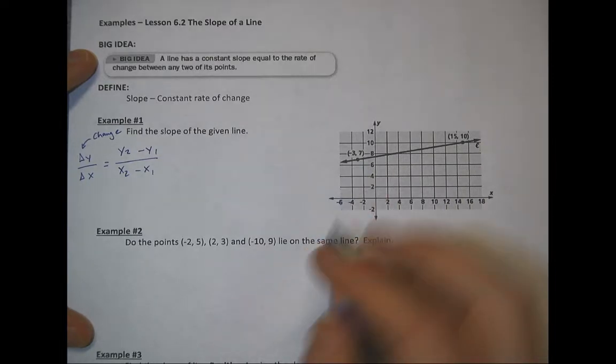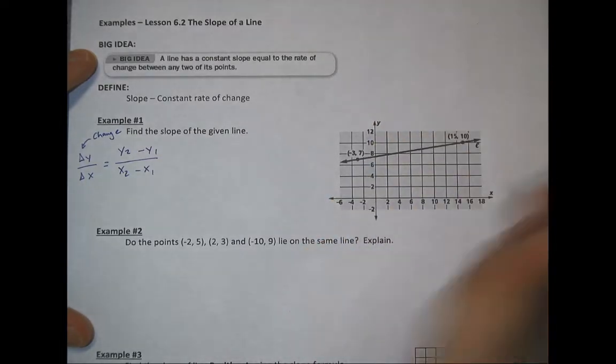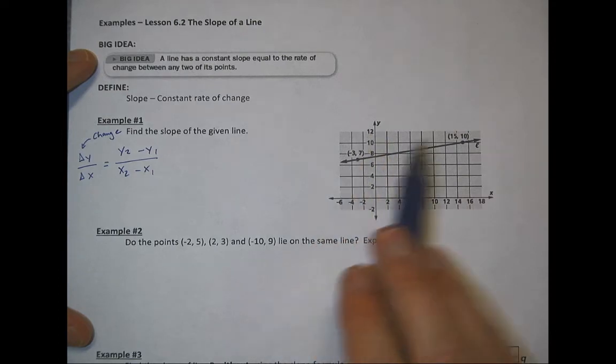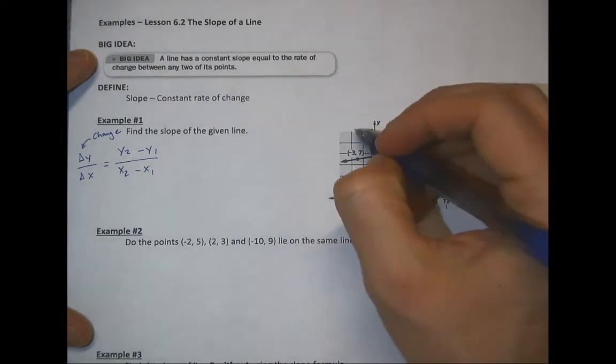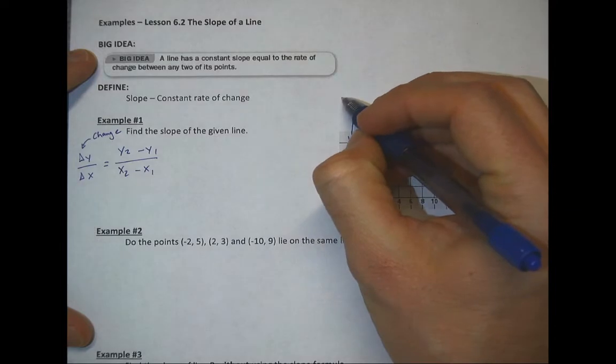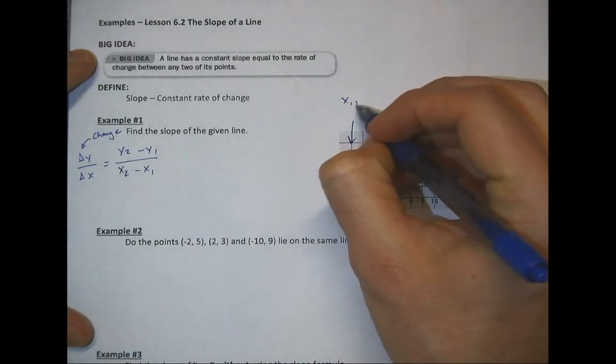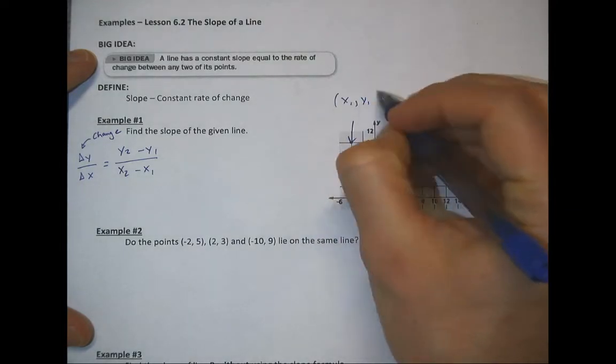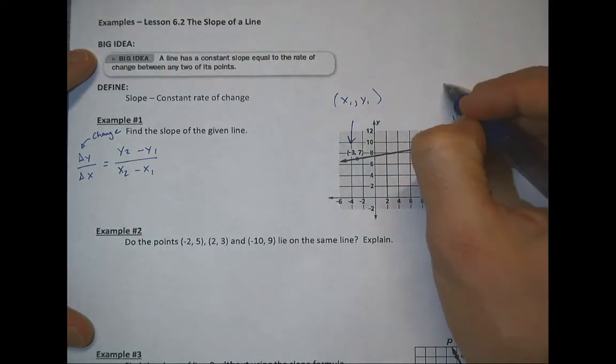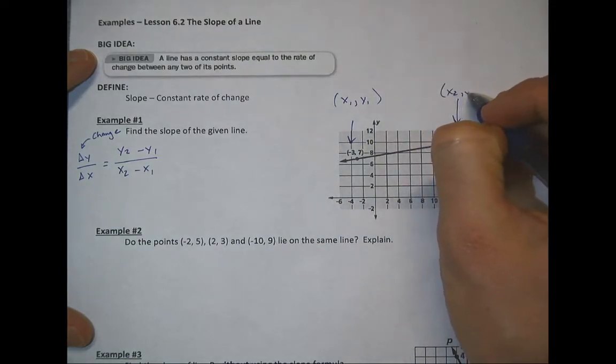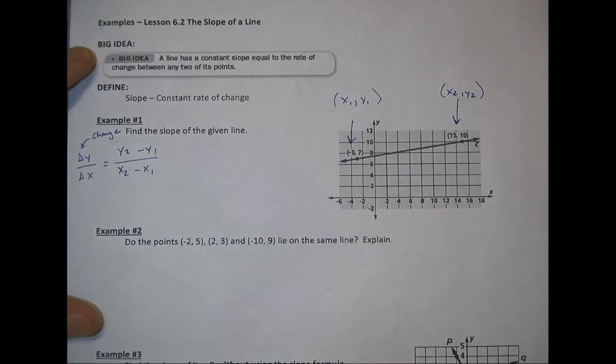Okay, so in this specific case, it doesn't matter which one you call your point 1 and point 2. We talked about that last week. So if we're going to take this one, we can call this our x1 and our y1, and we're going to call this our x2 and our y2. Now, you could have done it the other way around again. It doesn't matter.